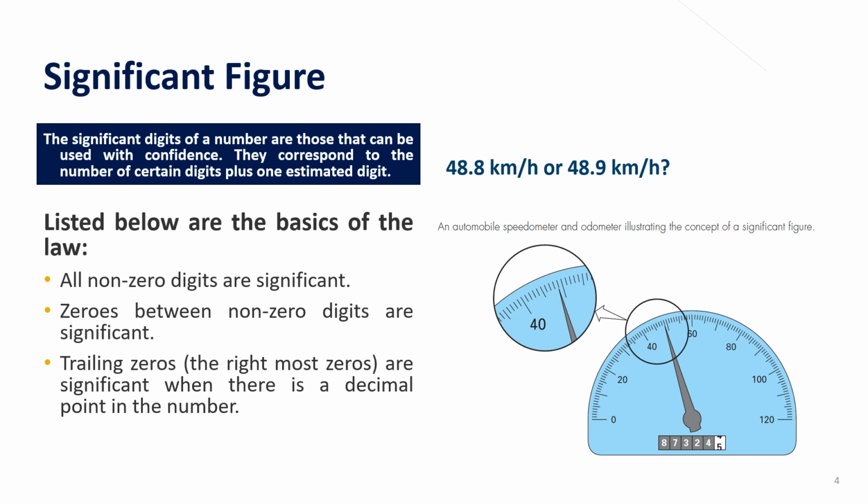Another thing that is not included in significant figures is trailing zeros. For example, if you have 34,000 or 3,400, the trailing zeros are not significant.